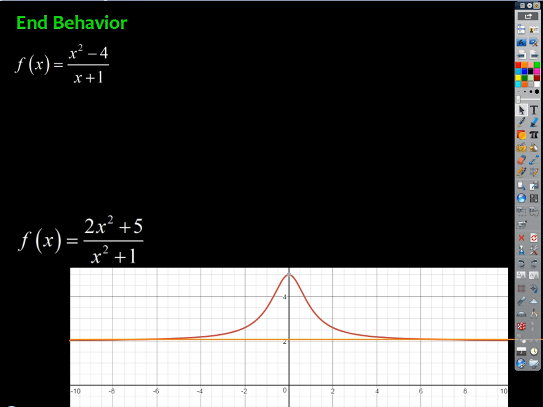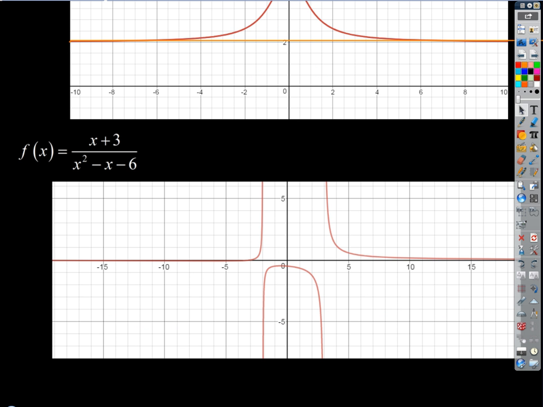Why does it cross the x-axis? The function you mean? Right here? Okay, so the question is why does it cross the x-axis?